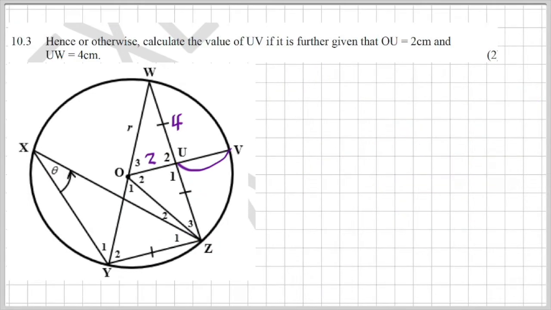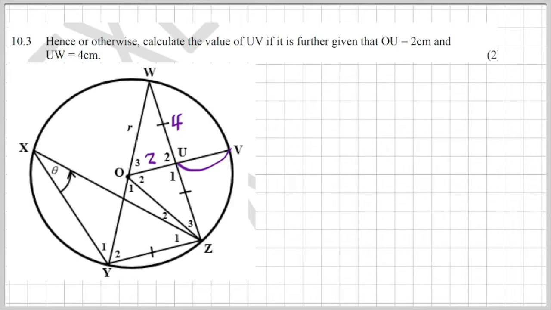So let's have a look at the last question. I've put in 10.3, I've placed what they are asking me on the sketch. It says there, hence or otherwise, calculate the value of UV if it is further given that OU is equal to 2 centimeters and UW is equal to 4. So I chose to do the or otherwise, okay? There's absolutely nothing that forces me to use what they are asking me to use.